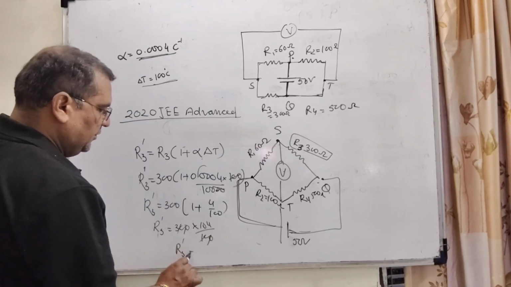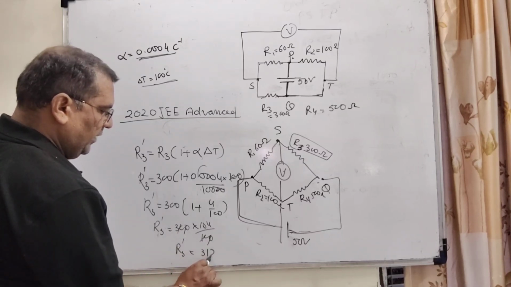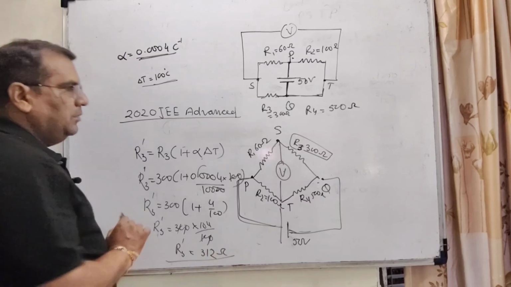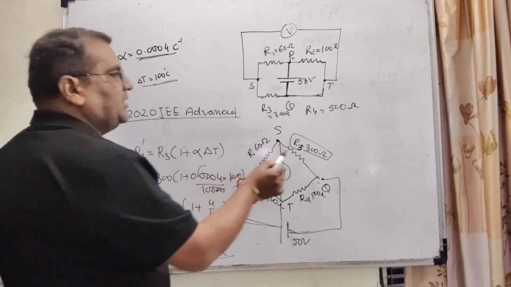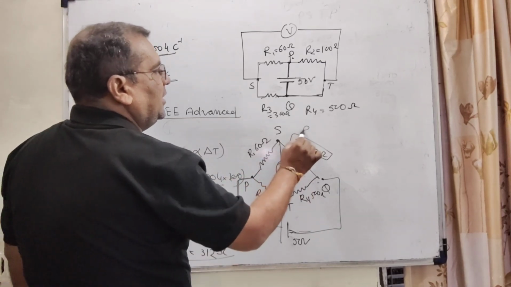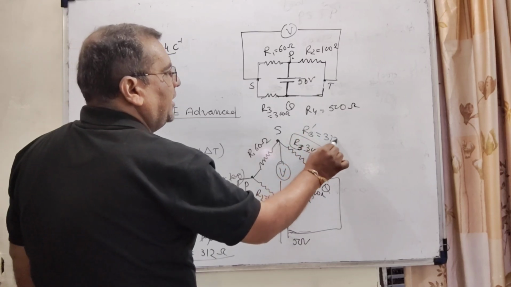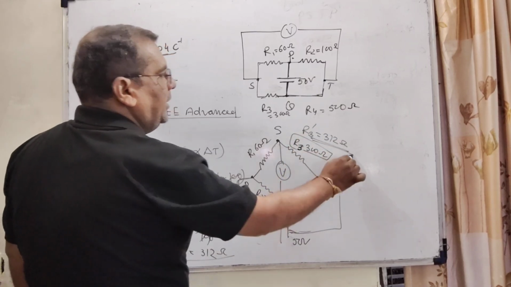So R3 dash is equal to 312 ohm. After raising the temperature by 100 degrees Celsius, R3 dash becomes 312 ohm.